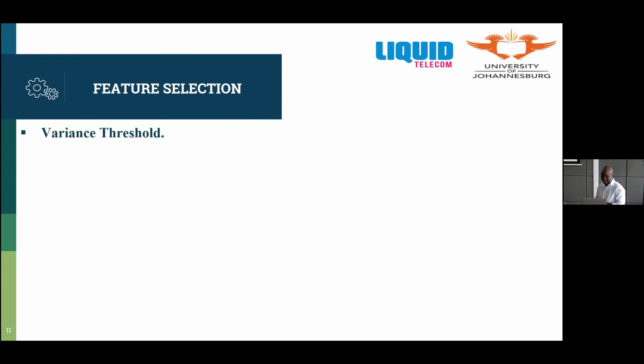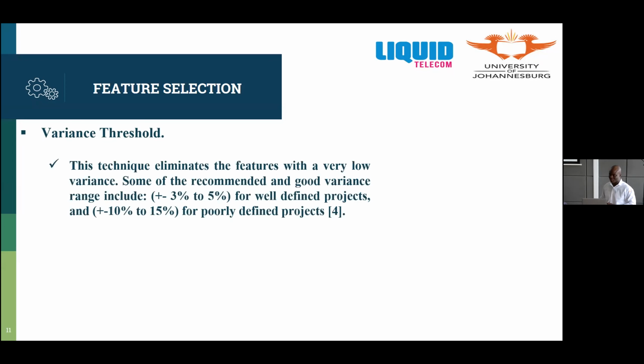So one of the methods is called variance threshold. And how does it work? If you notice, I said this will eliminate the features with a very low variance. Now, I use the word very low, so you need to set a threshold. Some of the recommended variance that you can use is 3% to 5% for a well-defined project.